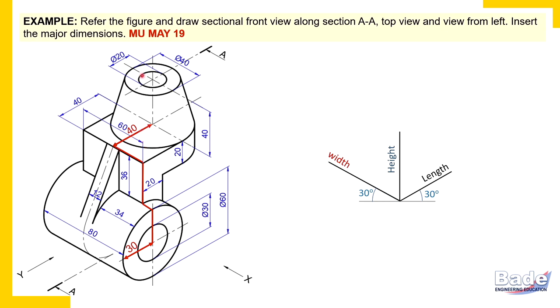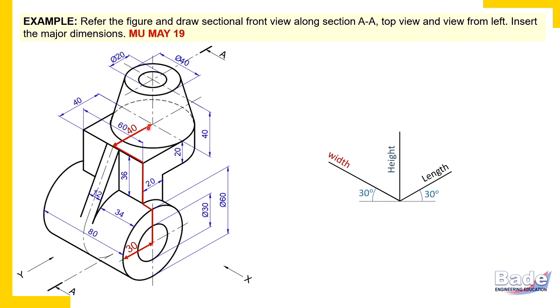And then the extreme top portion is a truncated cone like portion, a frustum of a cone you can say. Its base is circular of radius 30 millimeters. Check here, 60 millimeter, this dimension is given parallel to width, that is nothing but the diameter of the base circle.